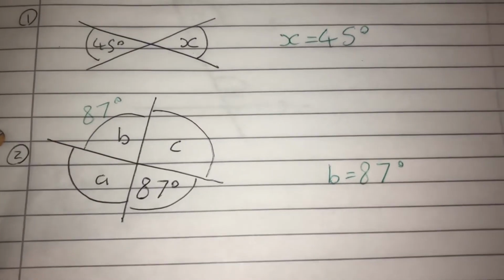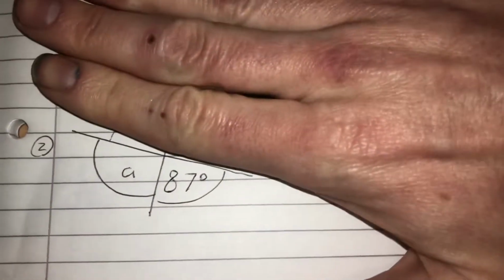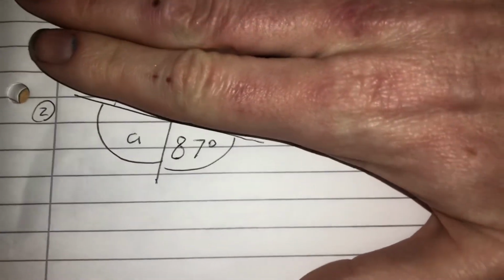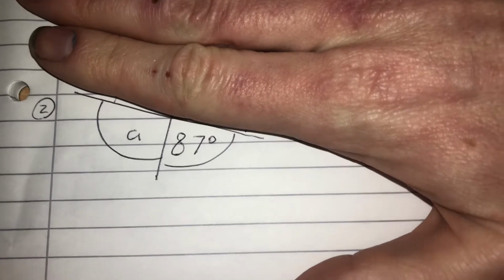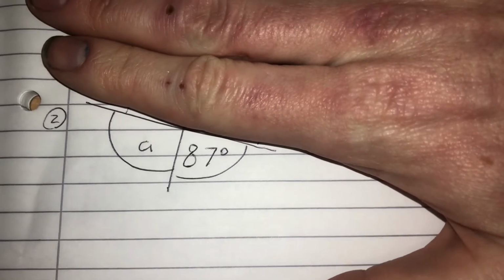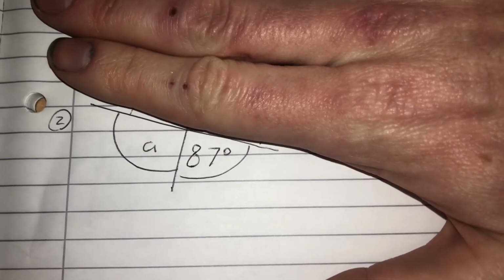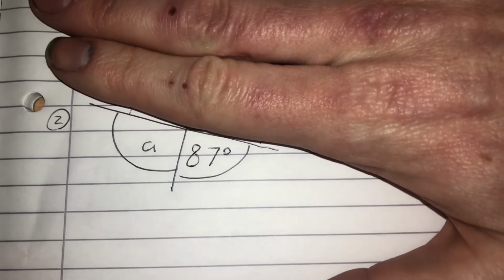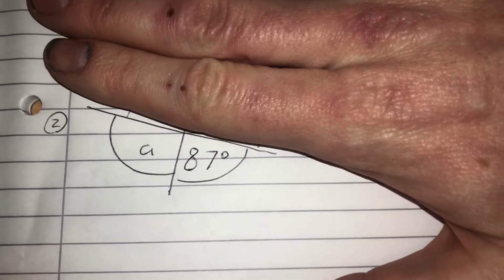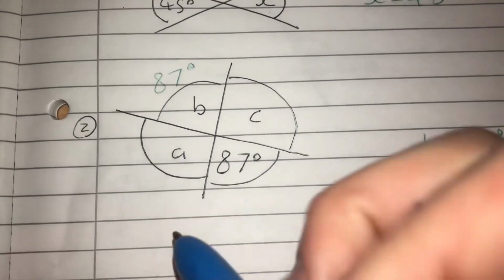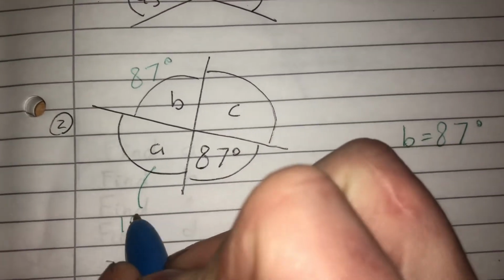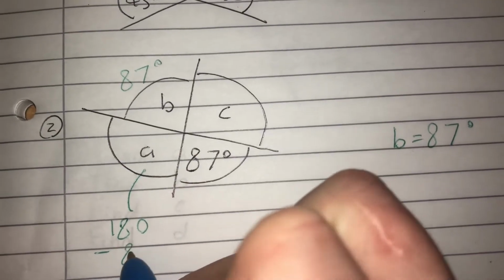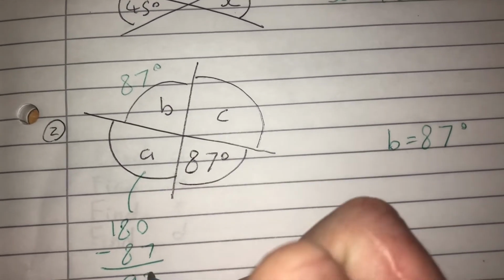So if you remember in the previous video, we looked at angles on a flat line adding to 180 degrees. So that means that angle A and the 87 degrees on the bottom must add to 180 degrees in total. So therefore A would be 93 degrees, and how I worked that out was by simply taking 87 away from 180 to give me 93 degrees.